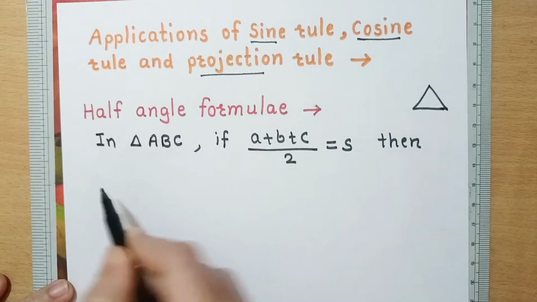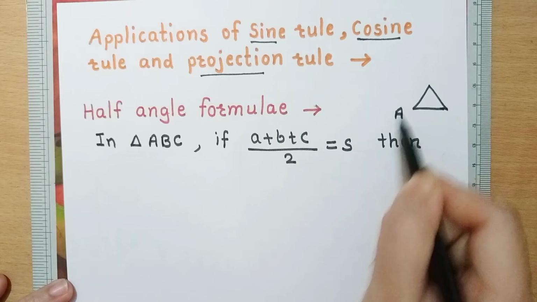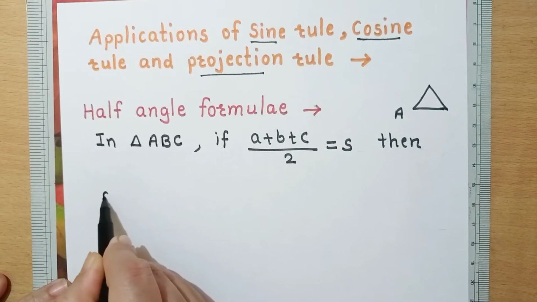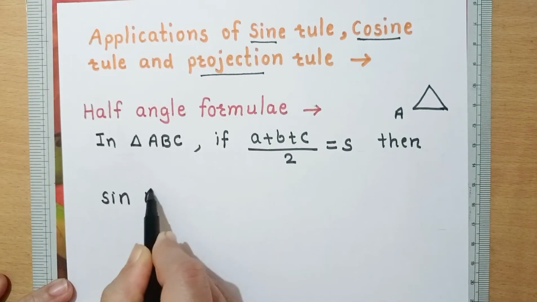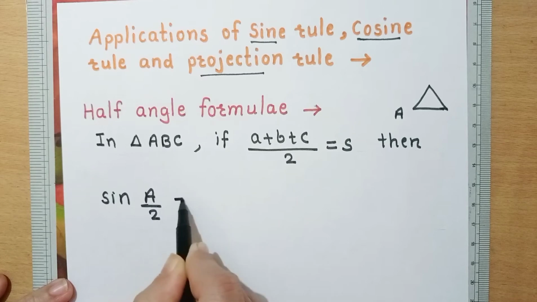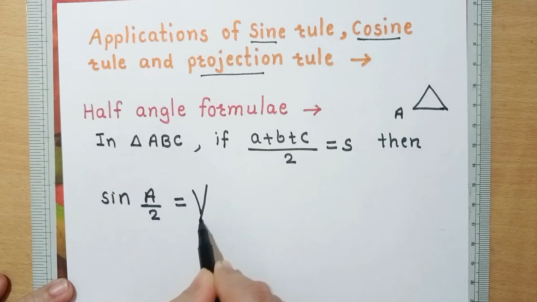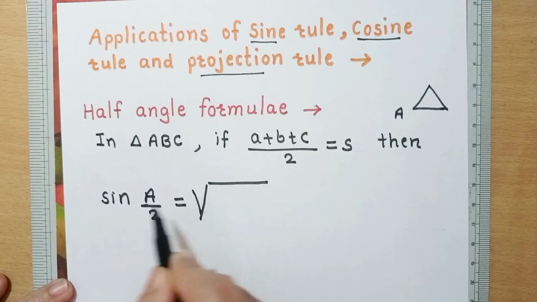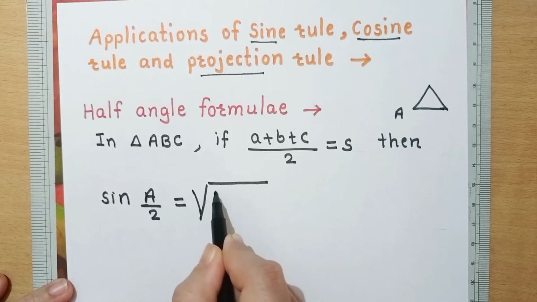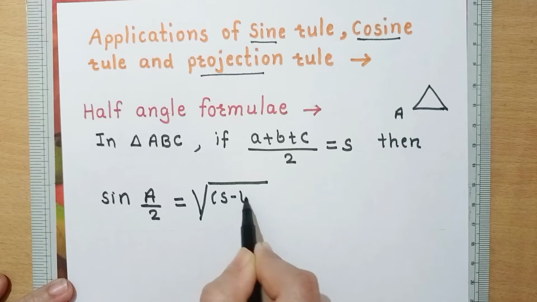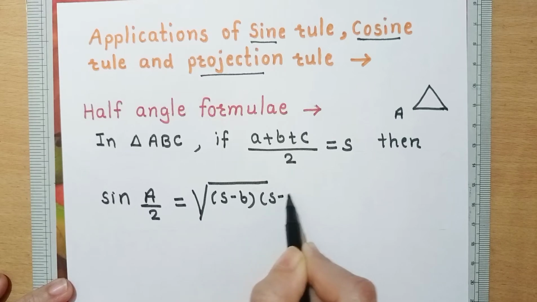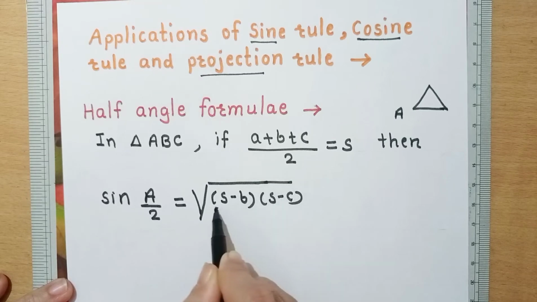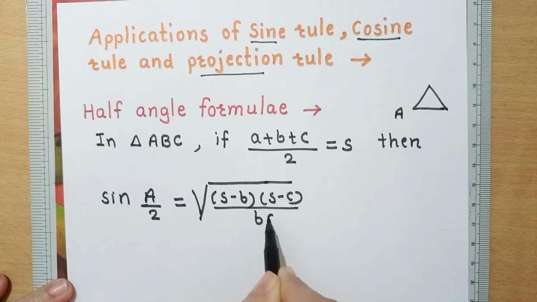Then first we will take angle A, so its half angle: sin A by 2 is given by under root, and in the numerator we write the sides other than a, so s minus b, s minus c, upon bc.